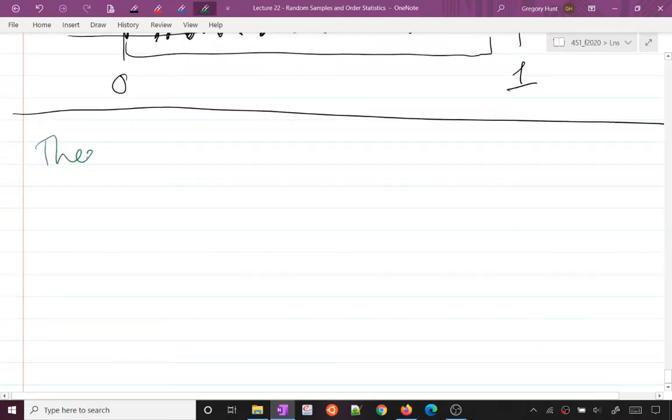So we had talked about the marginal distributions of the order statistics. We had talked about joint distributions of the order statistics. And you could talk about joint distributions of 3 order statistics. If you really hate your life, you could try and think about what that is. We could also talk about the joint distribution of all order statistics.